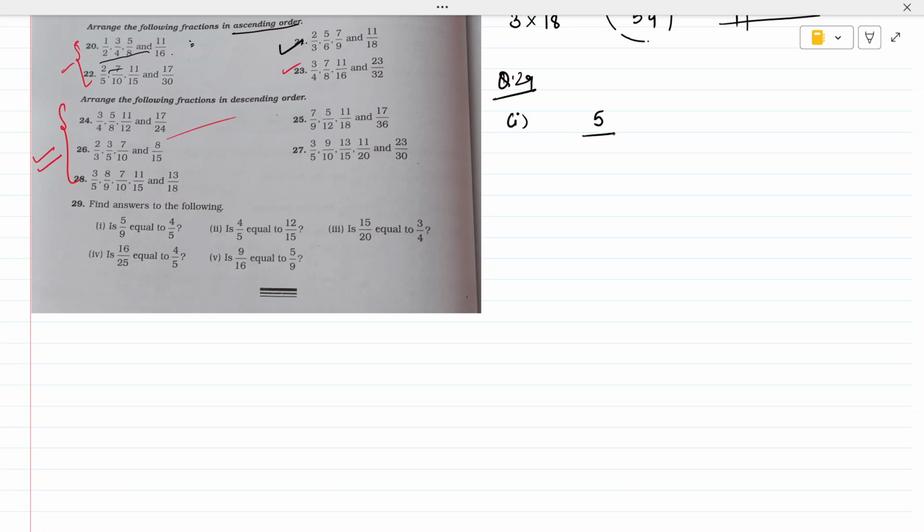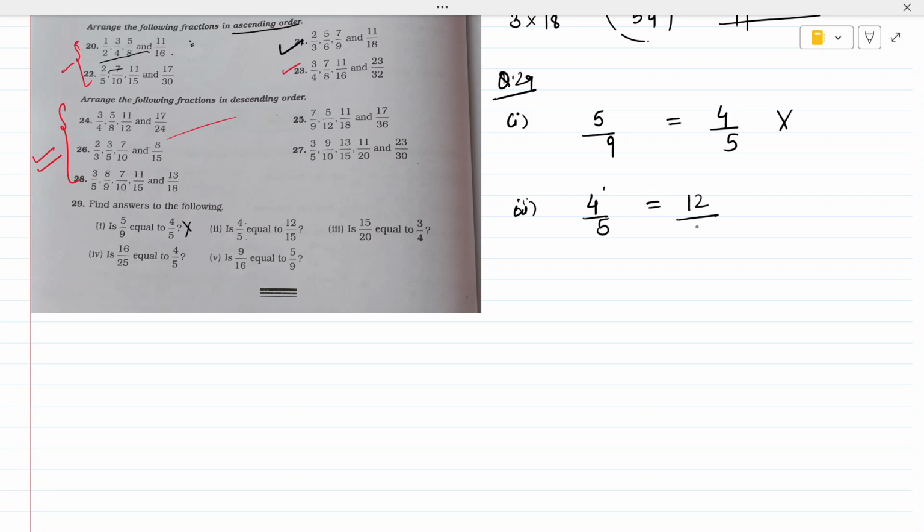Is 5 by 9 equivalent to 4 by 5? This cannot be reduced further, this cannot be reduced further. So they are not equal.